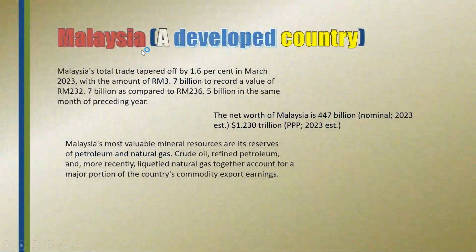Malaysia, developed country. Malaysia's total trade tapered off by 1.6% in March 2023, with the amount of RM3.7 billion, to record a value of RM232.7 billion as compared to RM236.5 billion in the same month of the preceding year.